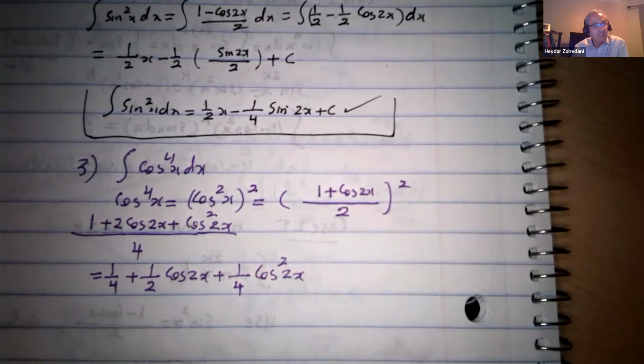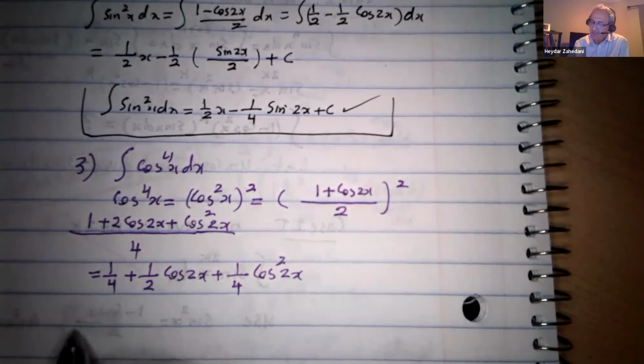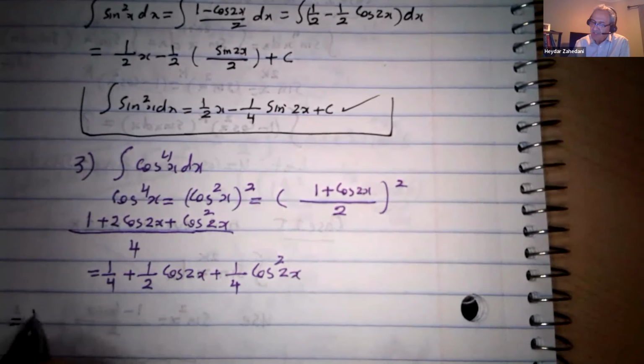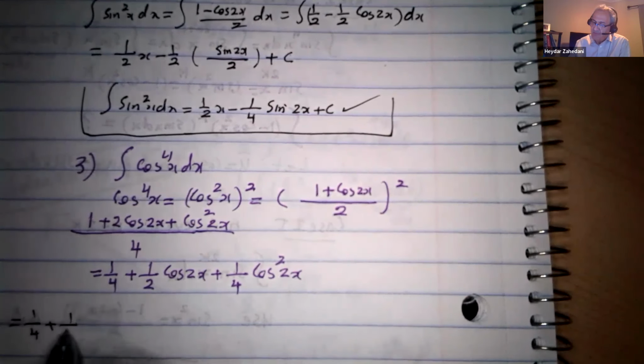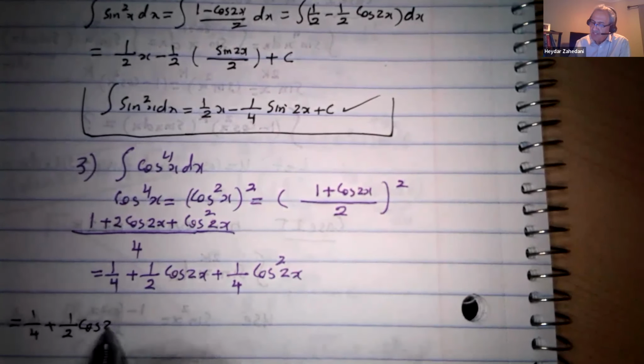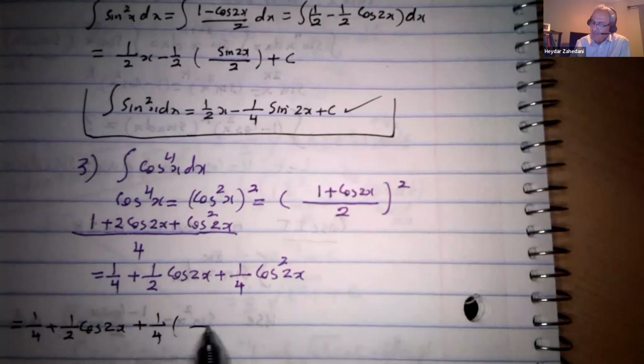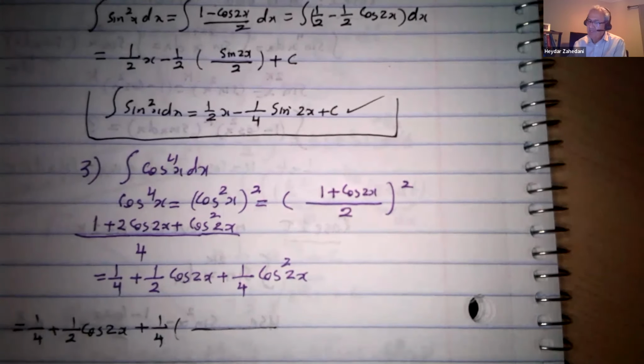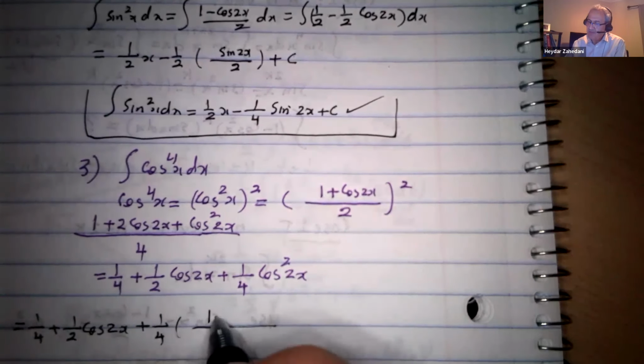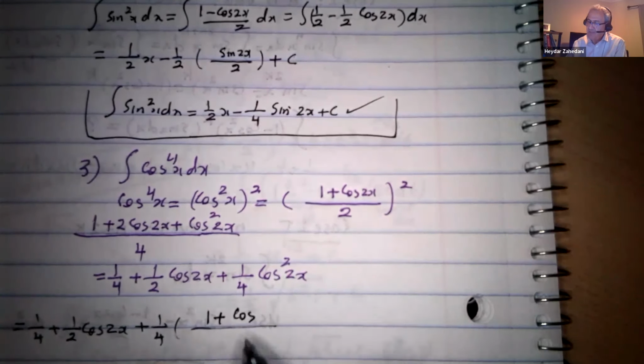You square it, and simplify it as much as you like before getting to the integral. This is the pre-calculus operation. A quarter, 1/2 cosine of 2x. Now this is going to be a quarter, so use the double angle formula again for this one. Cosine squared is going to be 1 plus cosine of the double angle. The angle is 2x; you double it, making it 4x, divided by 2.